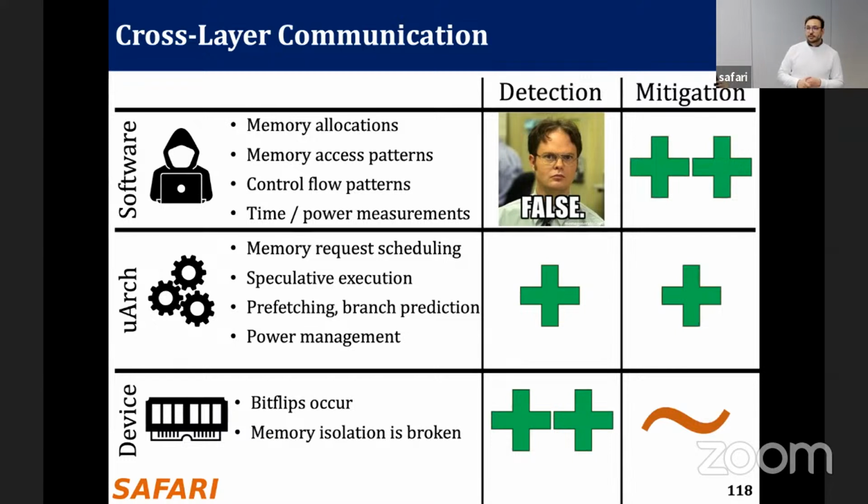But the thing is, mitigating DRAM read disturbance at the device level is extremely hard because we do not have much control over the operations that we perform at every nanosecond, for example. If you're in the DRAM chip, the memory controller dictates what you need to do. So you cannot do anything inside the device unless the memory controller allows you to.